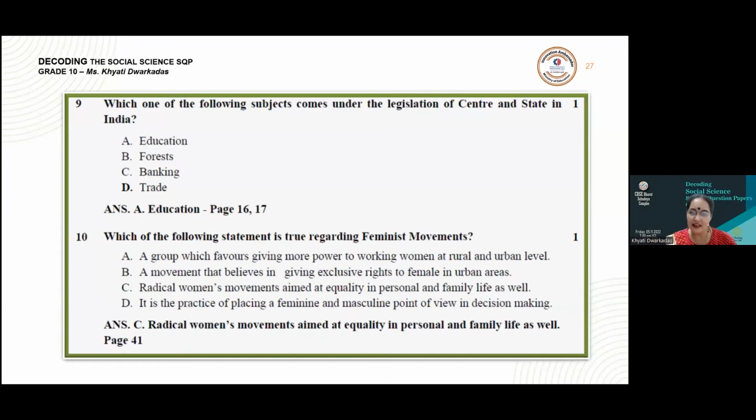Which of the following statements is true regarding feminist movements? At question 10. And Joseph feels it is an average question, whereas somebody says it's very important. All right. Yes, but majorly it is a good question because feminist movements are something that students prefer to skip in case of learning concepts.